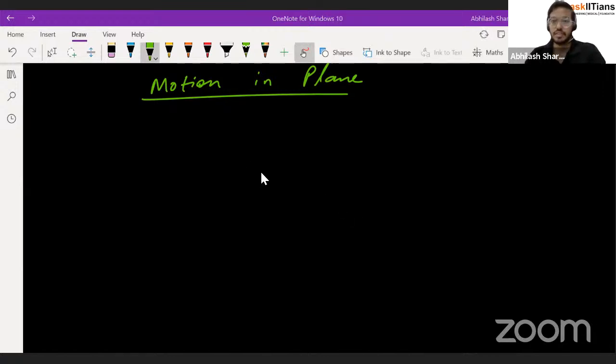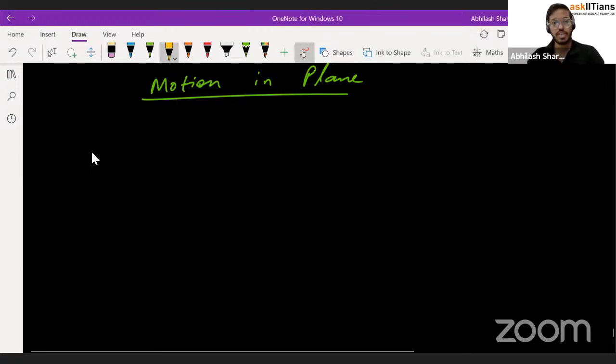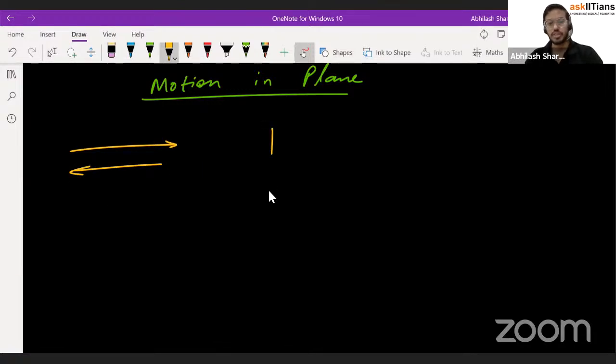It's about motion in a plane, and what kind of motion was it last time? The type of motion last time was in a straight line, isn't it? So either things were moving right or left, or things were thrown up and then they were coming down, like you throw something up and it comes down. Like that it was happening. Left-right motion was happening.